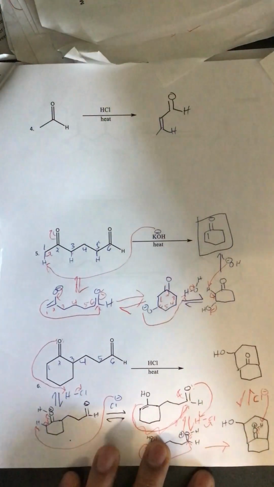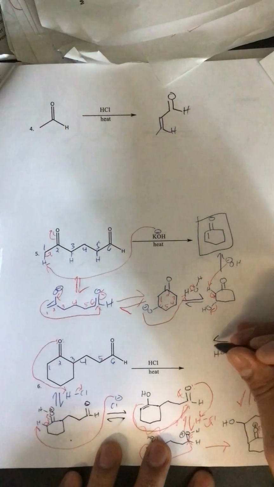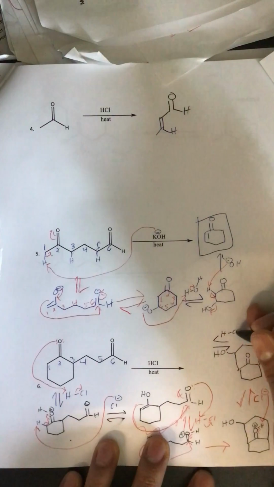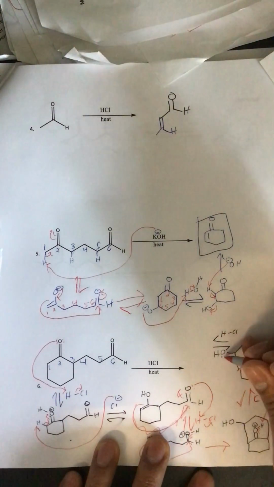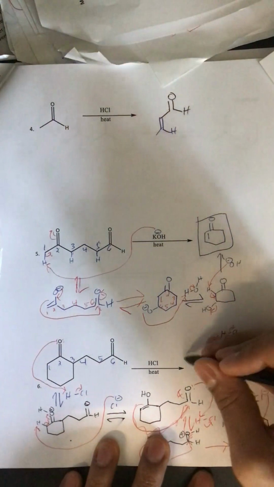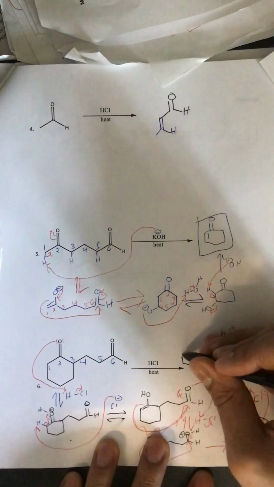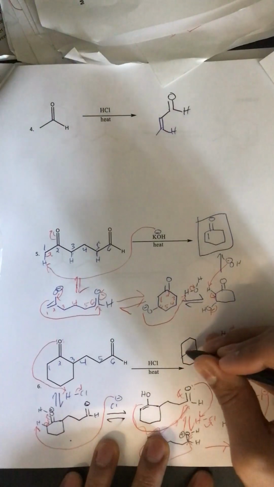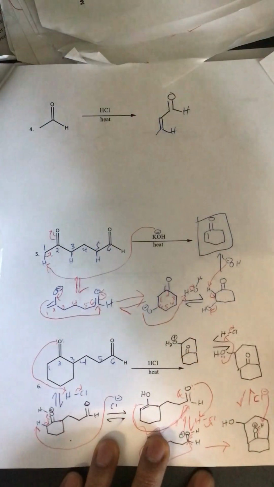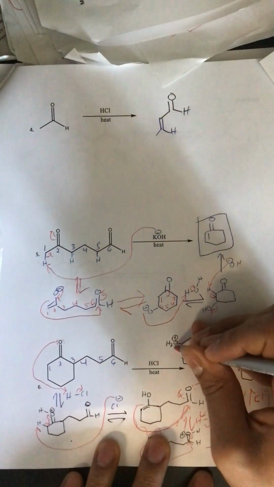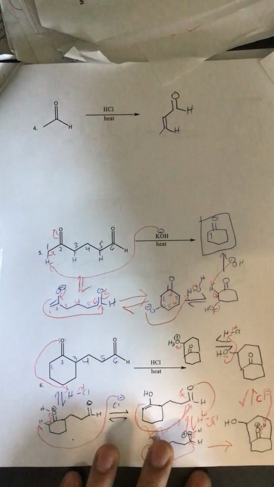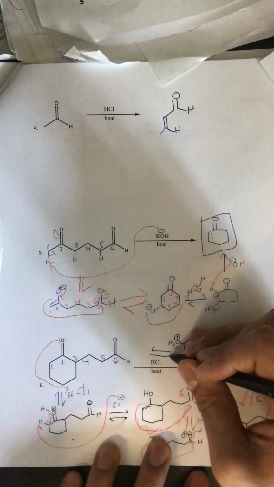Here, and then from here we need to protonate the alcohol. Then we can have this leave, and I am running out of space. I'm going to keep going this way.